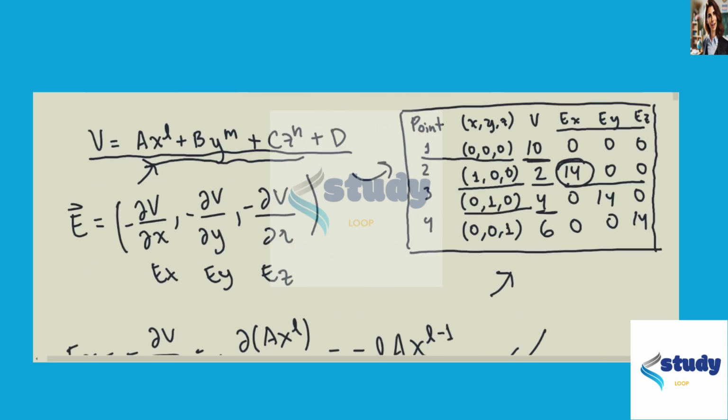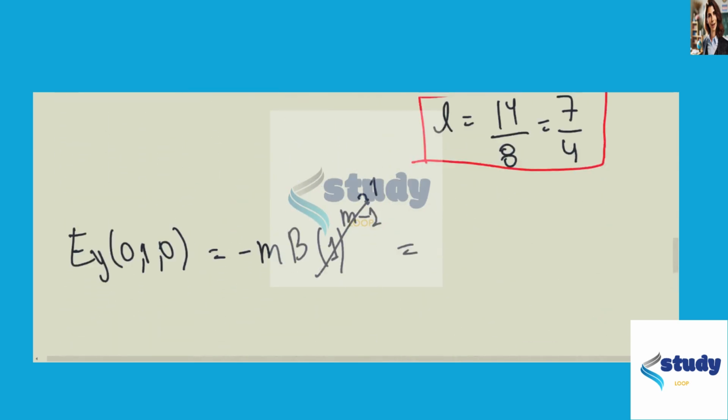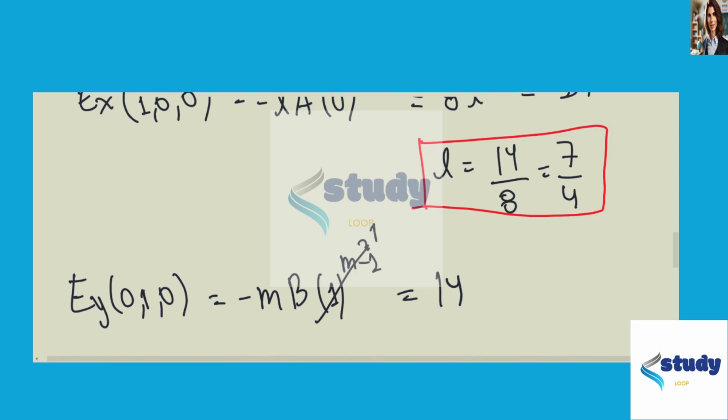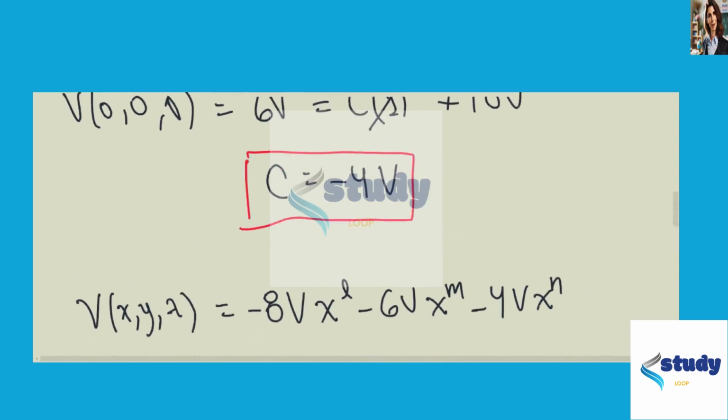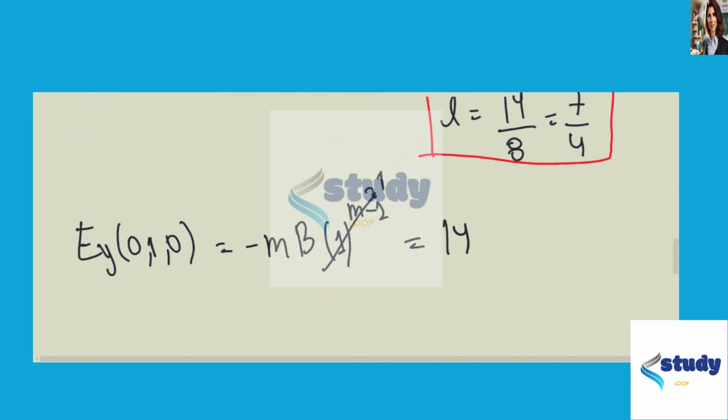This should also be 14, because that's the value of that component at that point. So we have 14, and we know the value for b, which is minus 6. The minus signs cancel, so 14 should be equal to 6m. So m is equal to 14 over 6.